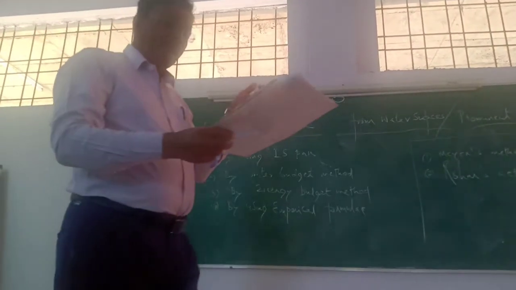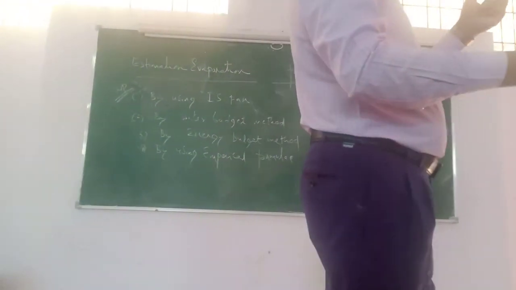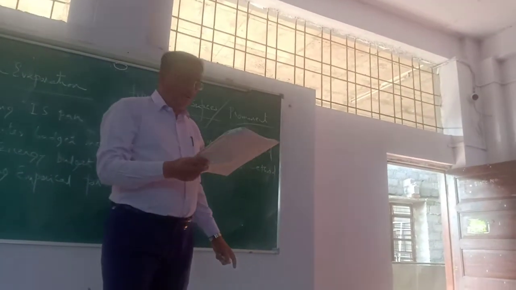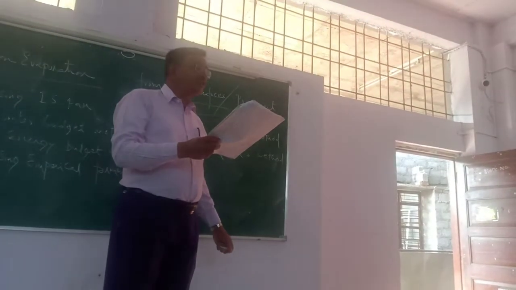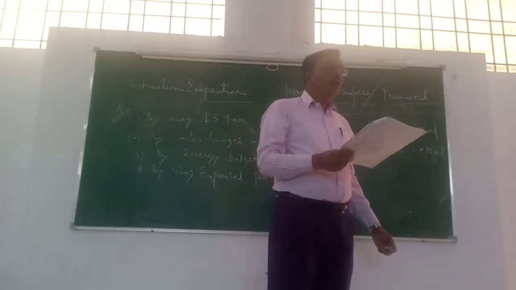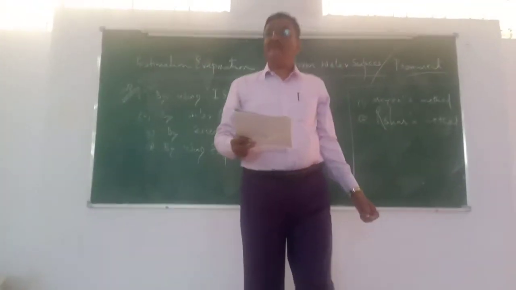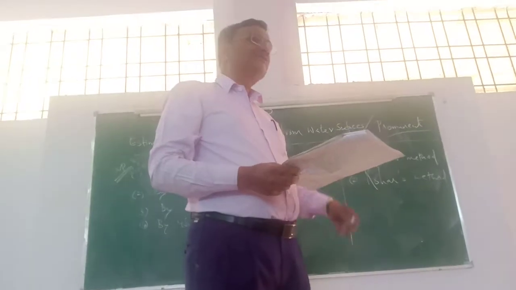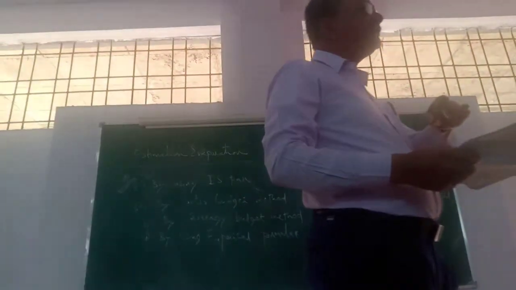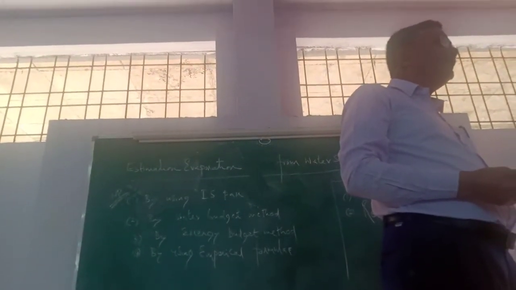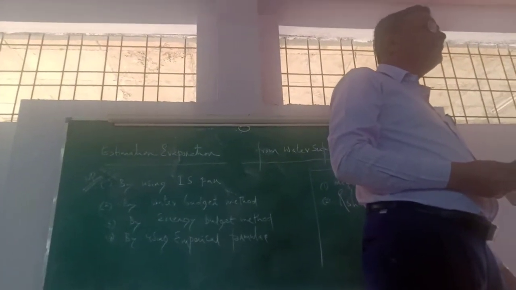The following are the prominent methods of estimation of evaporation loss, from surfaces of large water bodies. What do you mean by large water bodies? When there are large water bodies, there should also be small water bodies. What are small? What are big?